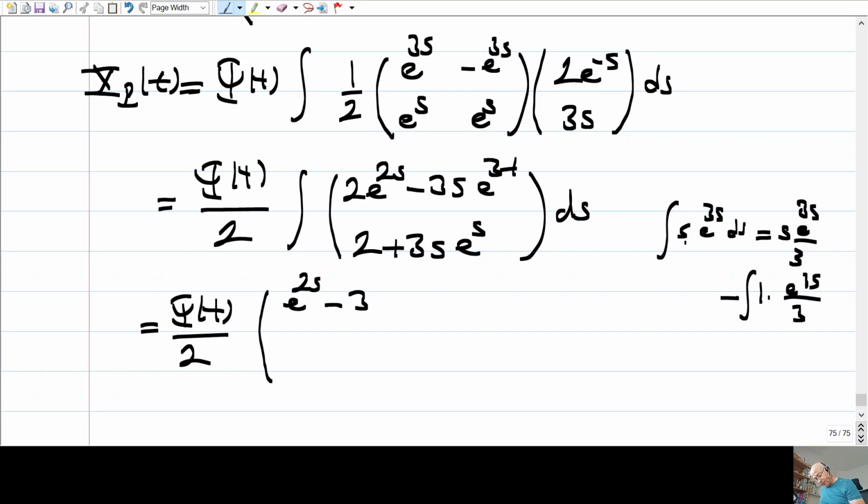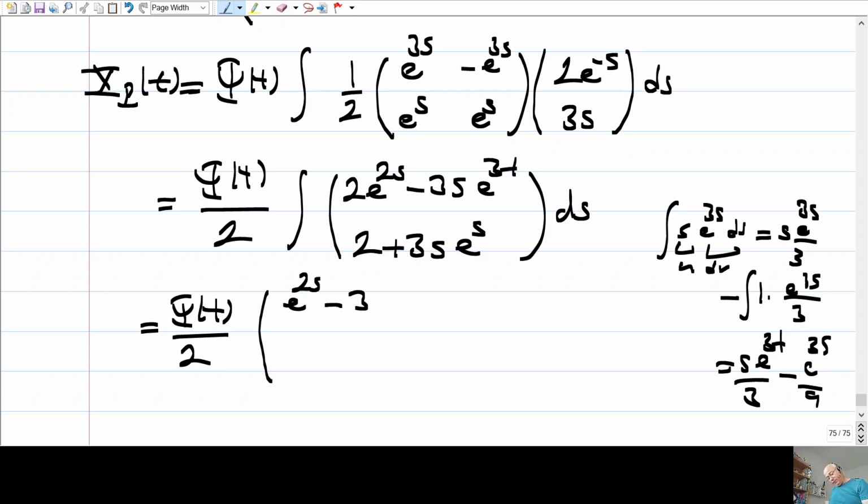Yes, right. This is, let's say, u. This is dv, uv, and then minus du v integral, so this is s times e to the power 3s over 3 minus the integral of e to the power 3s over 3, which gives e to the power 3s over 9.